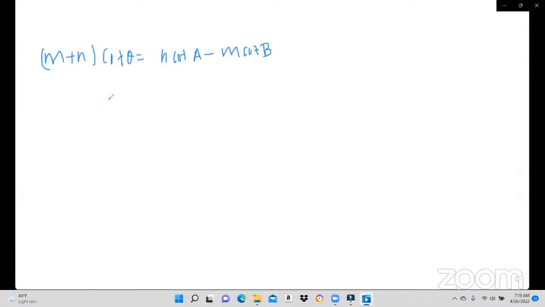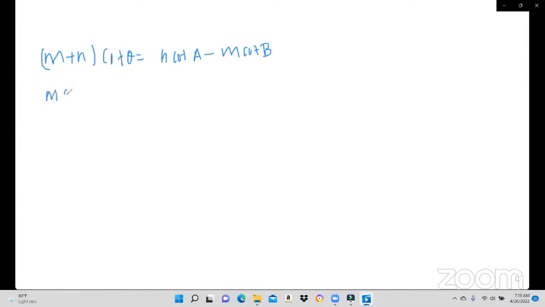You want to substitute for the equation number 3. What is the equation number 3? First we'll write the equation number 3, and after that we will substitute the value for a and b. So we will substitute the value for alpha and beta, then we can get the answer.